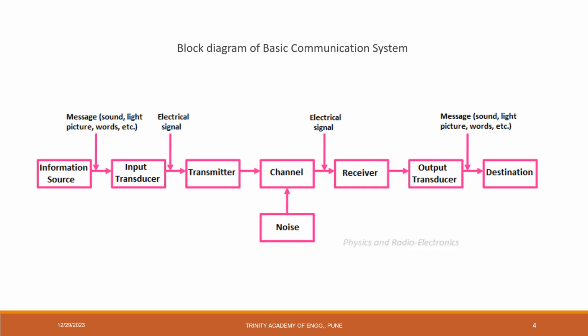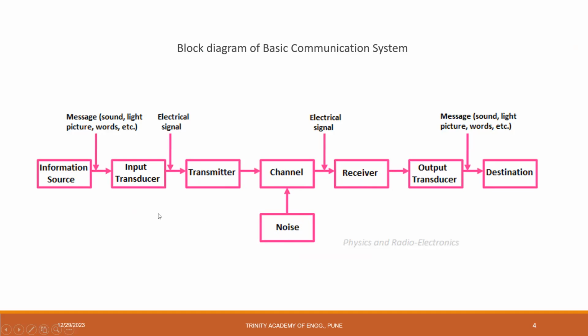Now we move to the next point, the basic block diagram of the basic communication system. This diagram shows the basic communication system, which has the information source, input transducer, transmitter, then channel, then receiver, output transducer, and destination. And in the channel, one more block is there, that is the noise.